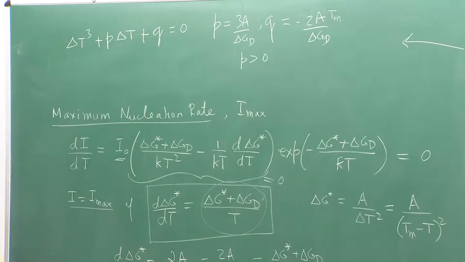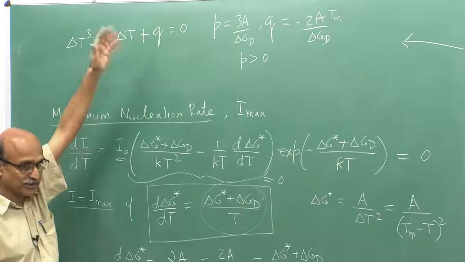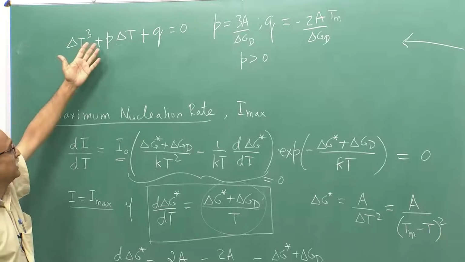While the cubic equation I had solved in the last lecture, the coefficient for delta, well, it was not delta T, it was x, was less than 0.